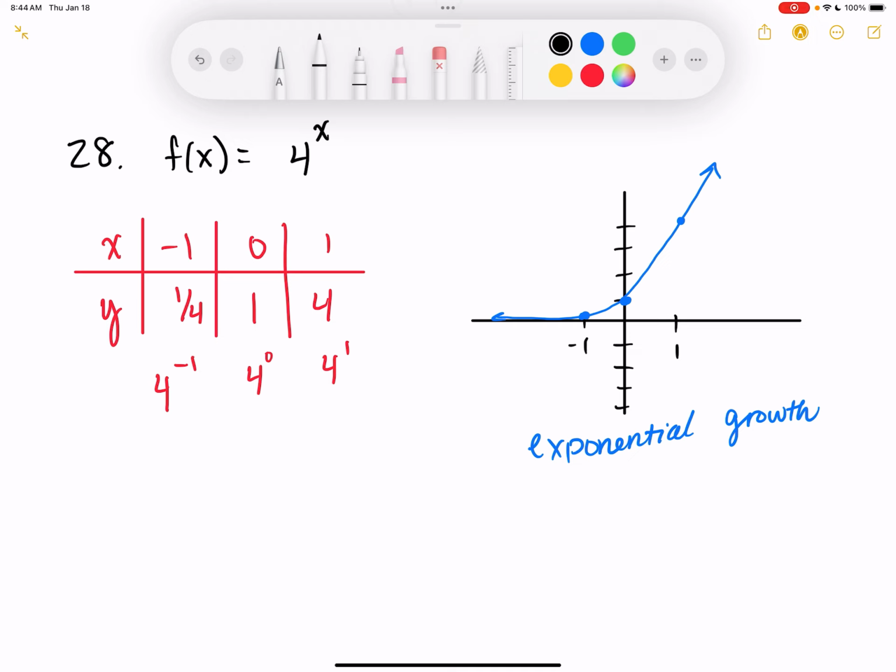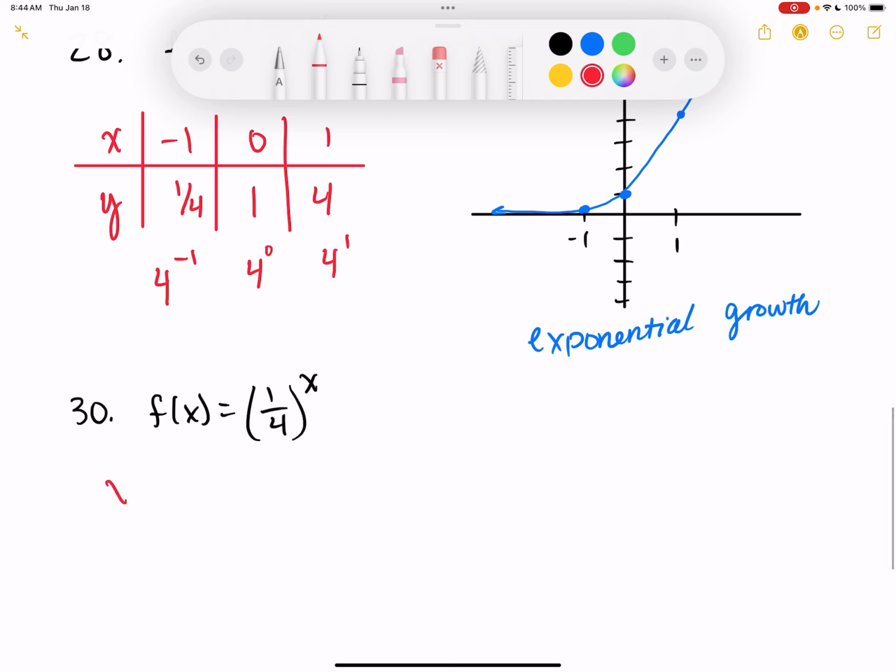Let's look at the reverse of that, number 30. F of x is equal to 1/4 raised to the x. So my setup is going to be the same. I'm still going to do a little table with -1, 0, and 1.